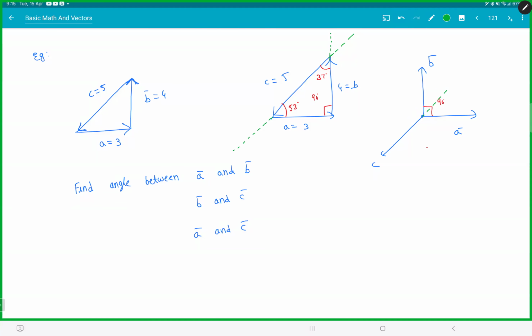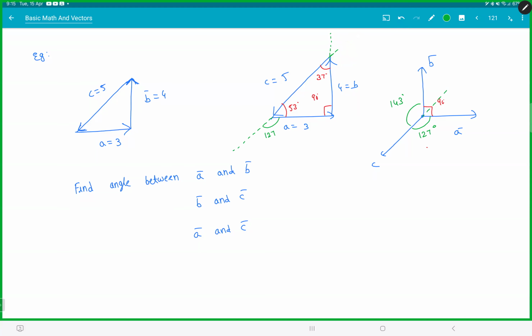Look at this angle here. That is 53. What is this angle here? 127. So this angle will be 127. Are you able to see that? If you push the C down, it will meet A here. So that is 127. Total must be 360. So this angle will be 143.